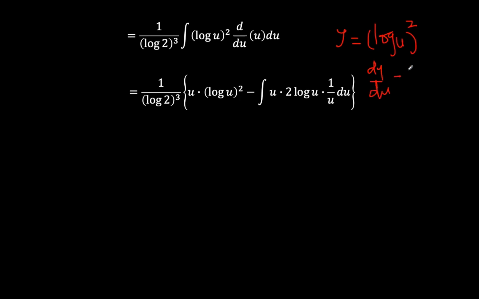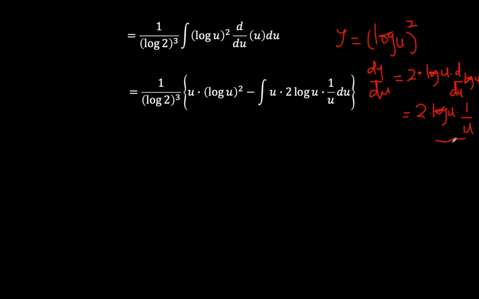is equal to 2 times log u times the derivative of log u, right? Now the derivative of log u is the same as 1 over u. So we have 2 log u times 1 over u.